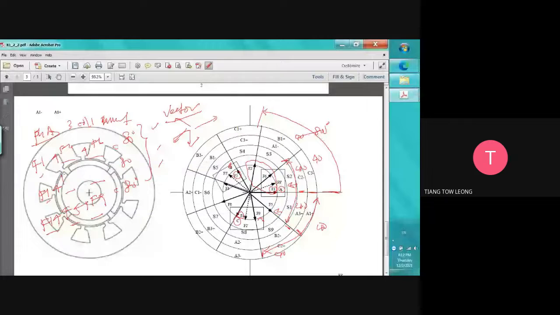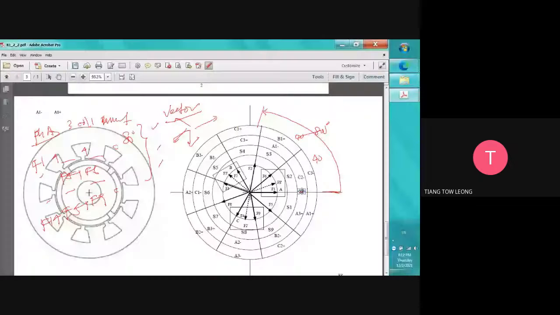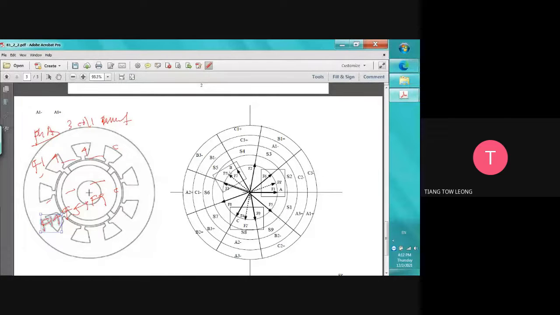So this is F5 and F6. Just now what we chose is F1, F5, F2, F6, F2.